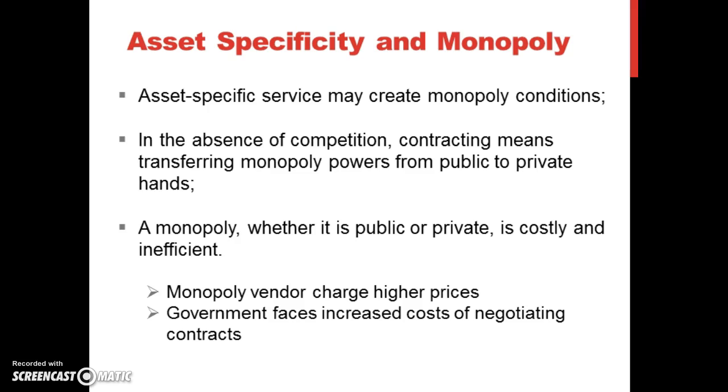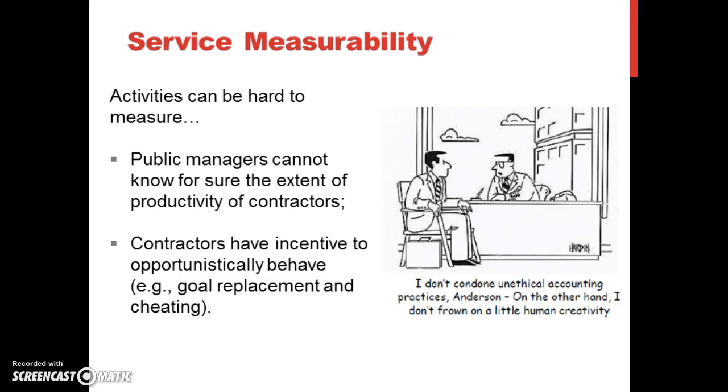The second service characteristic that affects transaction cost is service measurability. As we learned, without clear performance indicators such as profits in private organizations, it's quite difficult to measure government performance. This means that due to difficulty of measuring performance, public managers, principals, cannot know the productivity of contractors, agents.